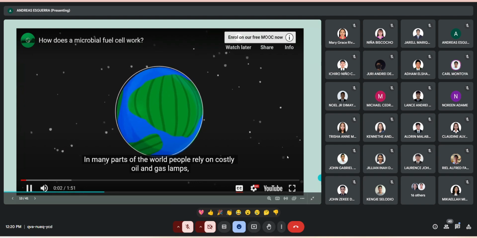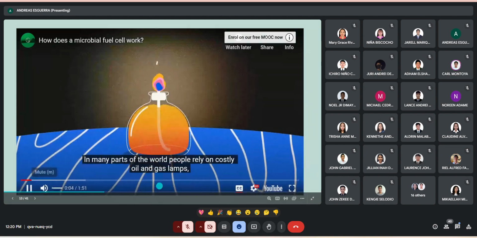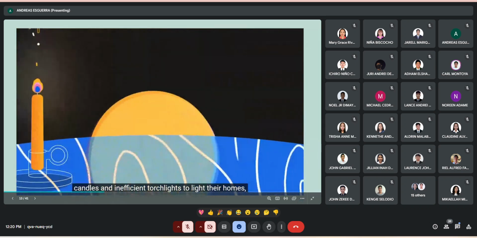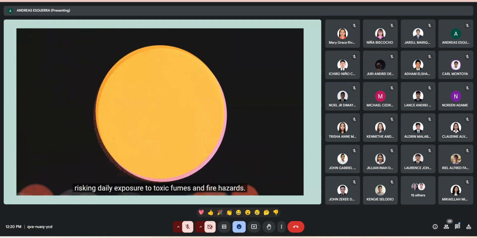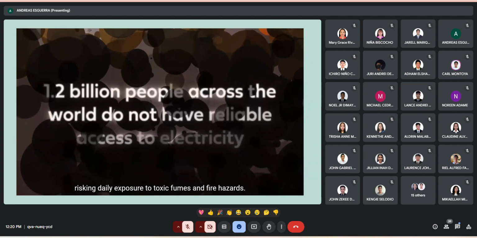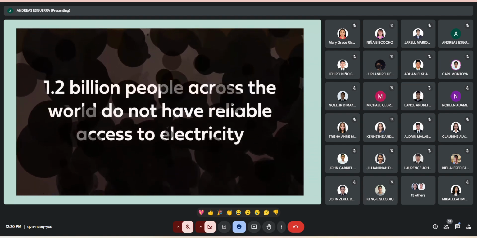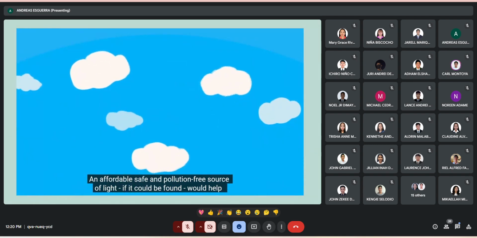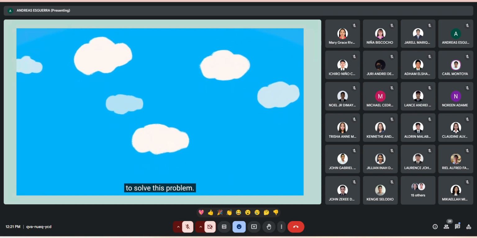In many parts of the world, people rely on costly oil and gas lamps, candles, and inefficient torchlights to light their homes, risking daily exposure to toxic fumes and fire hazards. An affordable, safe, and pollution-free source of light, if it could be found, would help to solve this problem.